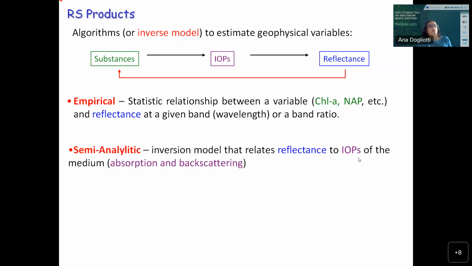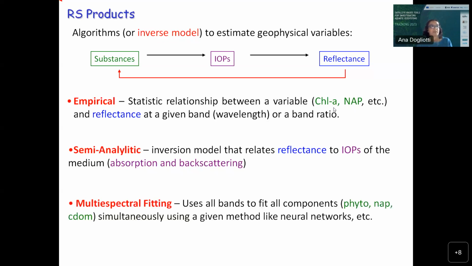Or we can go through the IOPs, what we call the semi-analytic inversions, where there's some relationship, and part of them are empirical, between reflectance and IOPs. And finally, there is another type of product which uses multispectral fitting. So basically it uses all the bands, all the spectra, to fit all the components and uses different statistical methods like neural networks and so on.